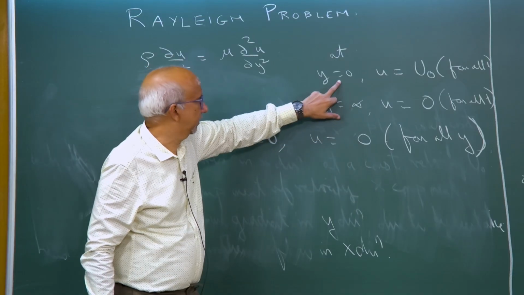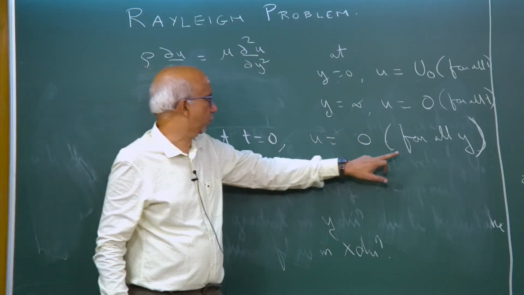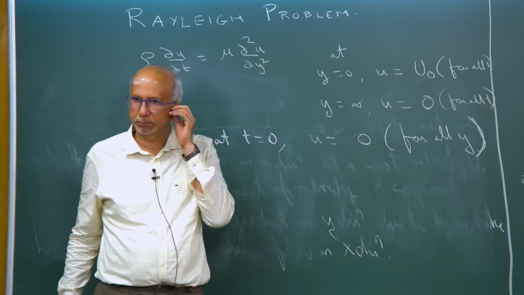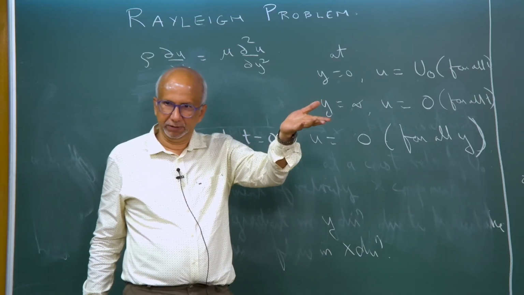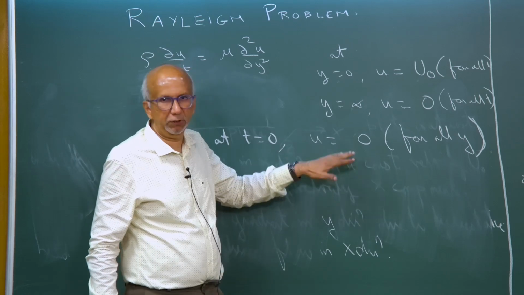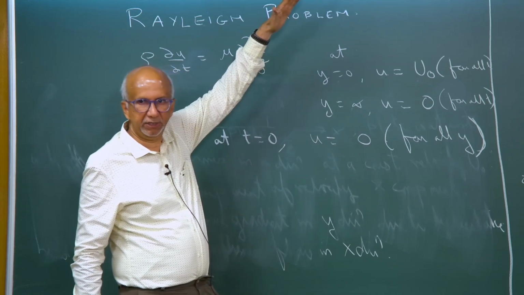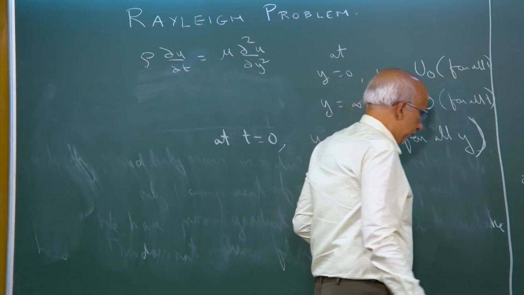For all t, this is going to be u naught. At time t equal to 0, for all y, velocity is 0. Okay. So, when I fix 1, the other variable is changing, correct. So, u of t comma y, so t is fixed. So, everywhere the liquid is stationary. That is the point we are making. Okay. So, that is good.